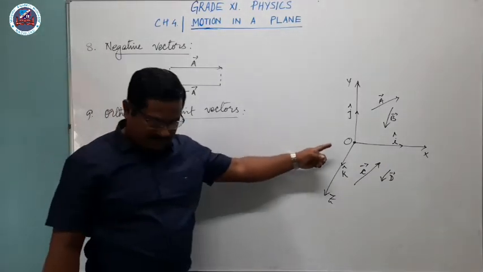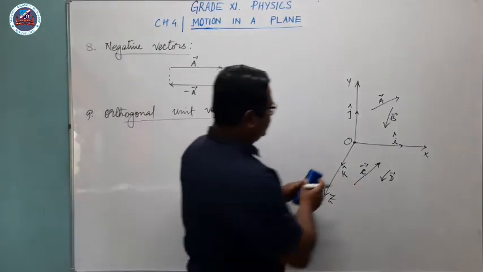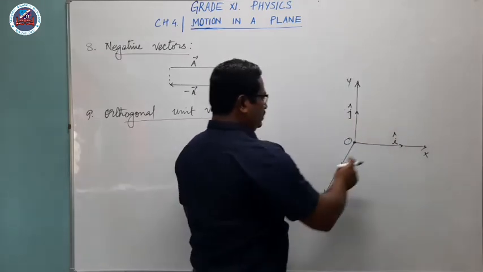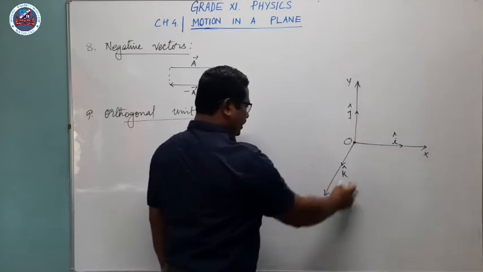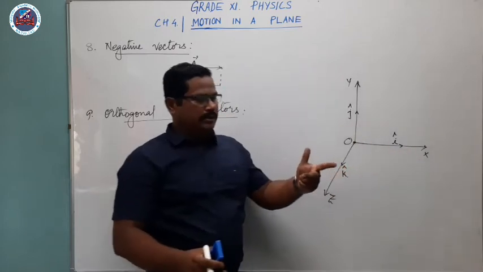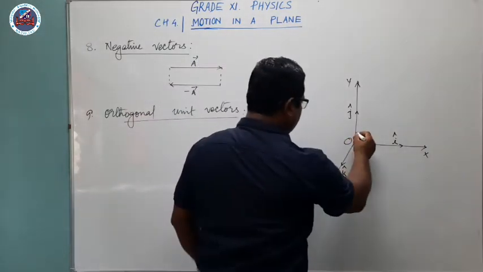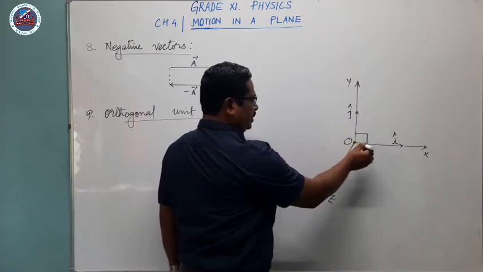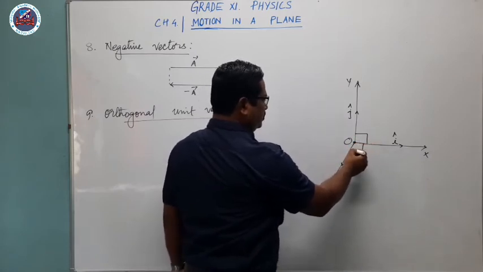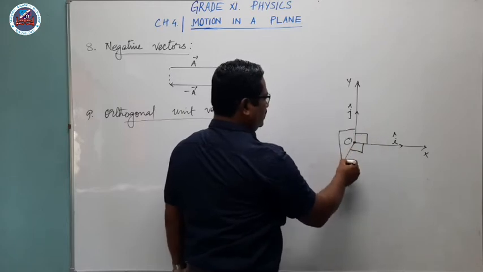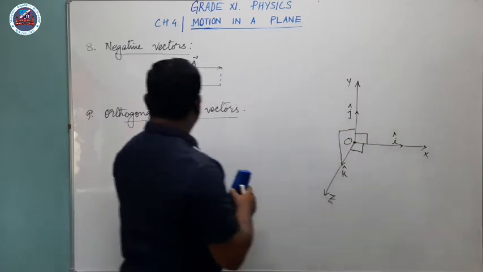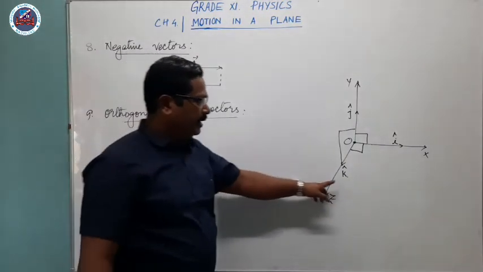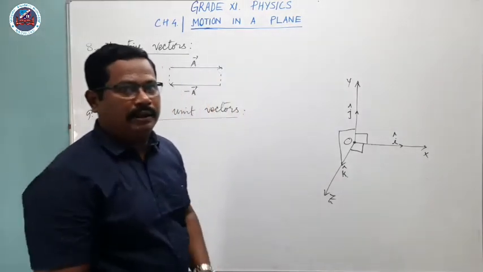Generally, in this diagram, these three vectors i cap, j cap, and k cap, we know that they are mutually at right angles to each other. Here it is 90 degrees. Here this z axis is pointing like this, so it's making an angle of 90 degrees with the x axis. This is also 90. This is also 90. So these three can be called orthogonal unit vectors. Here i cap, j cap, and k cap all are orthogonal unit vectors.